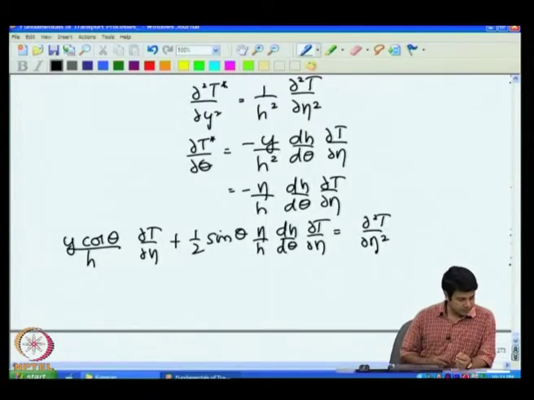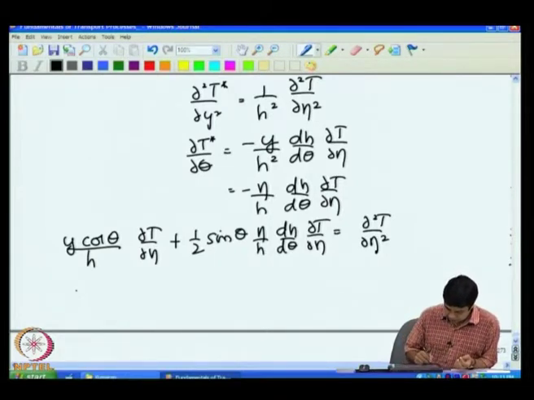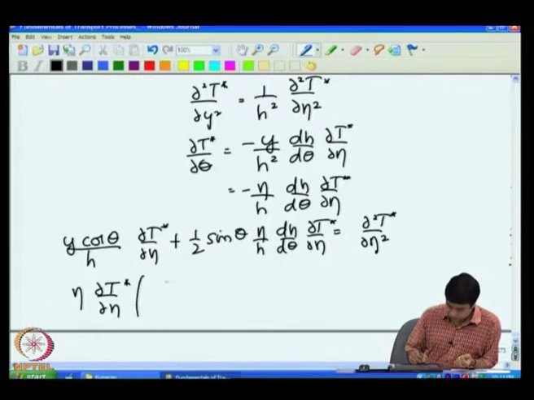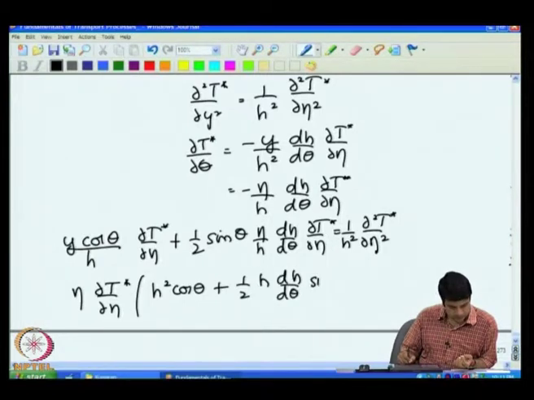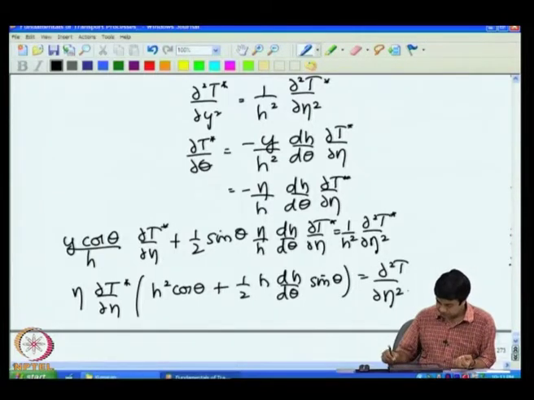And after some simplifications, I can reduce this to an equation of the form eta times partial t by partial eta into h square cos theta, I should have 1 over h square here, plus half h dh by d theta times sin theta is equal to partial square t by partial eta square.